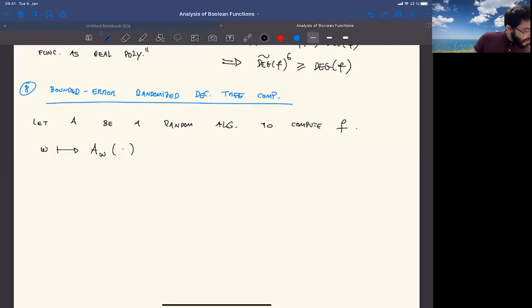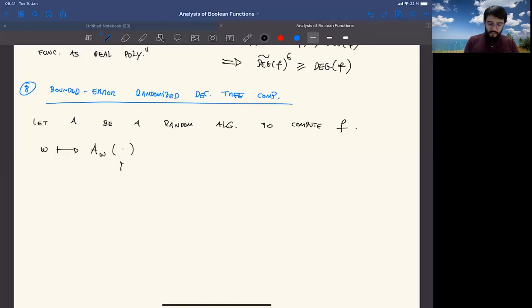So you can see A as a decision tree that queries some of the components of your input X and then guesses what the value of F of X is. It's not guaranteed that it's going to be exactly equal to F of X. So for each omega you have an algorithm, and the algorithm guesses.